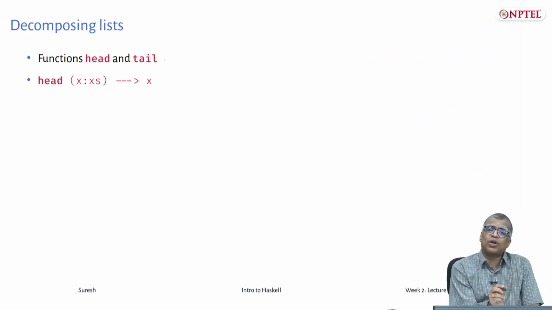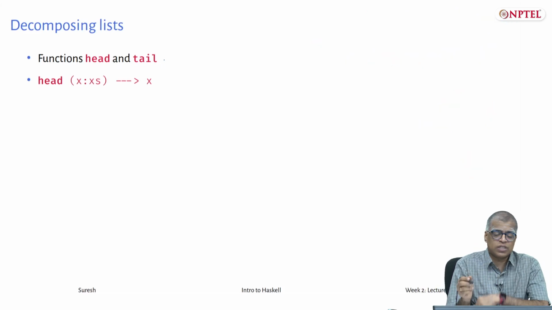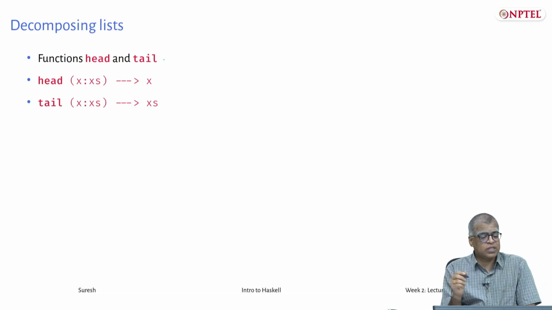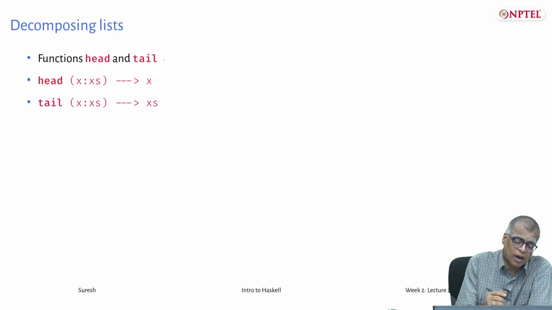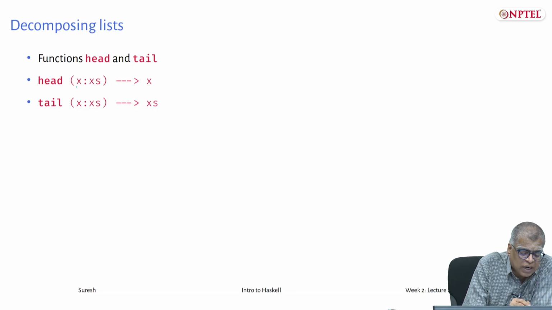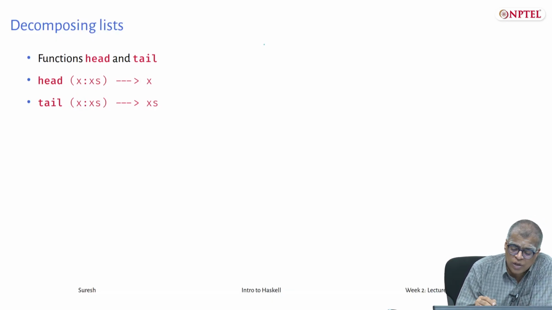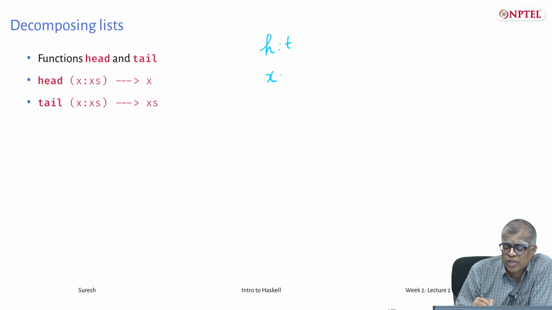So head of x colon xs returns x and tail of x colon xs returns xs, and this is a very standard convention in Haskell. Whenever you want to write lists, you can of course give any variable name to the pattern h followed by t, but typically you will name the first element as x and the rest as xs.